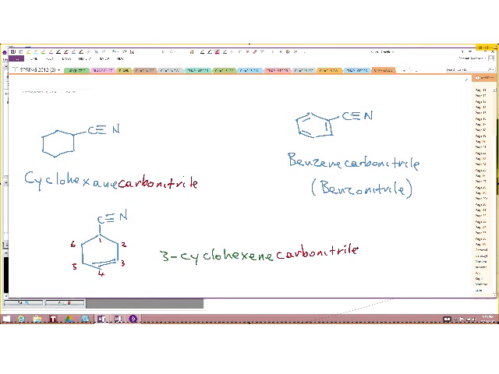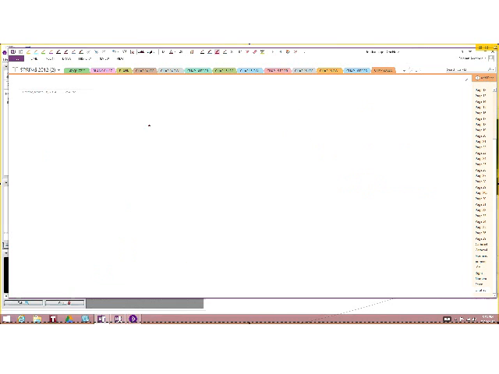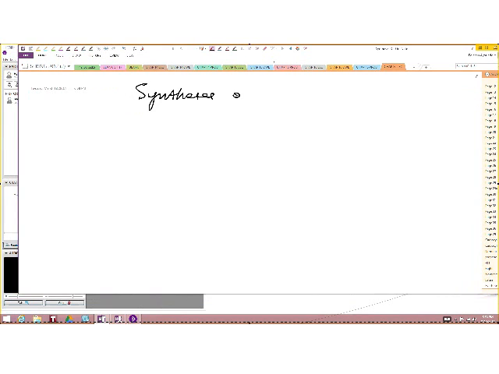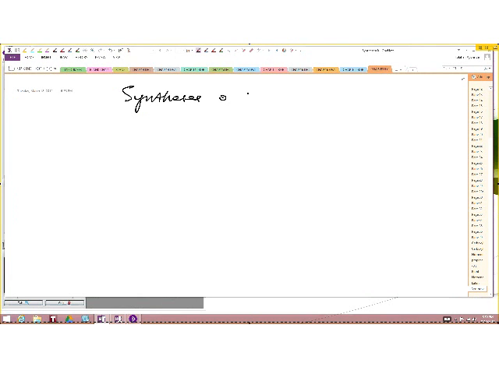So at this point, let us start taking a look at the synthesis of carboxylic acids and nitriles. I want to start with the synthesis of the nitriles. You will find that we've done most of those before. I think we have about 3 methods for making nitriles.